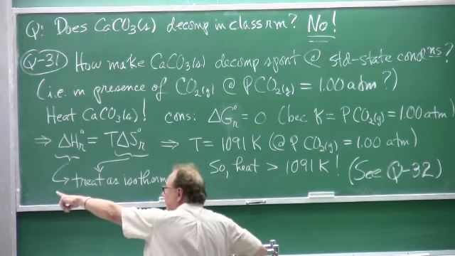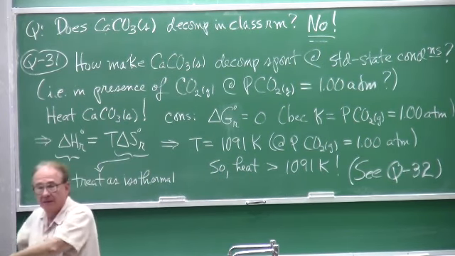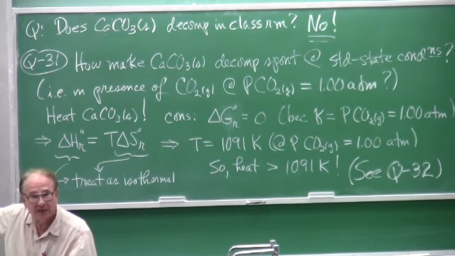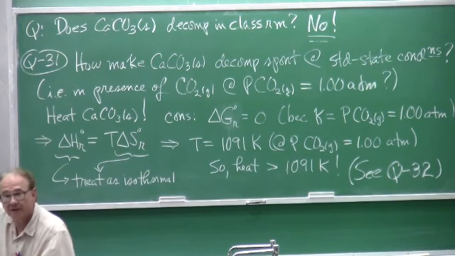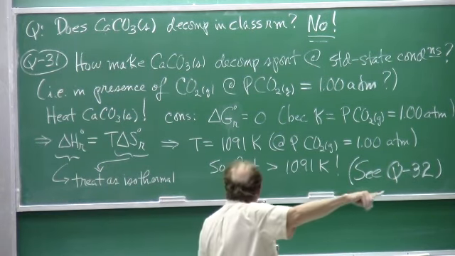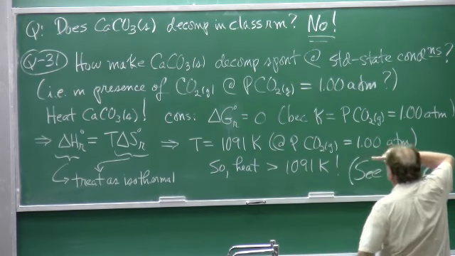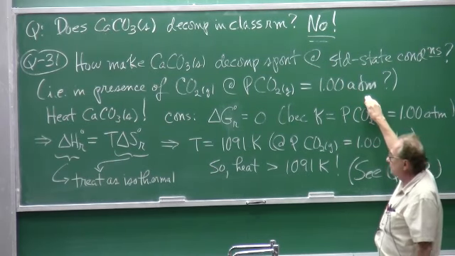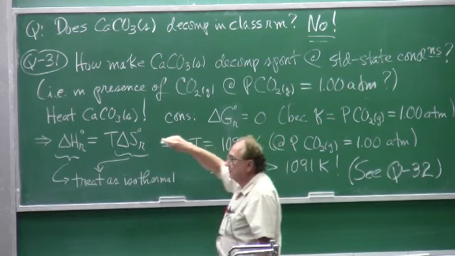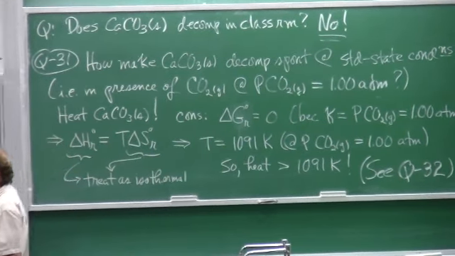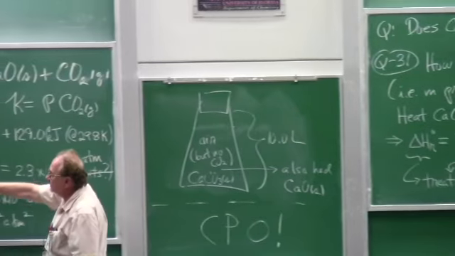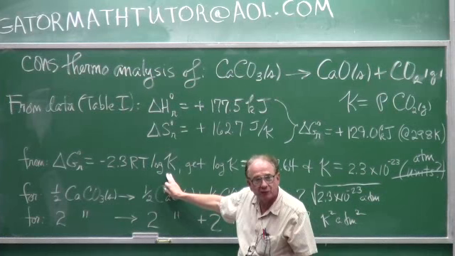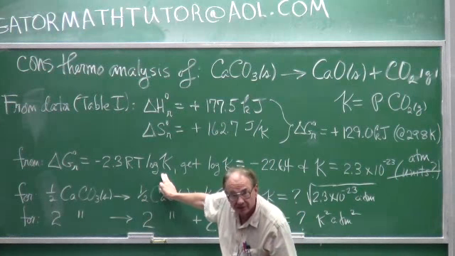Well, this reaction will go spontaneously to give us a partial pressure of CO2 of 2.3 times 10 to the minus 23 atmospheres if we run a reaction under conditions that we've already described. But to get this reaction to go spontaneously at standard state conditions, where partial pressure of CO2 is 1.00 atmospheres, we recognize from our relationship delta G0 is minus 2.3 RT log K. If the magnitude of K is 1, and the log of 1 is how much?